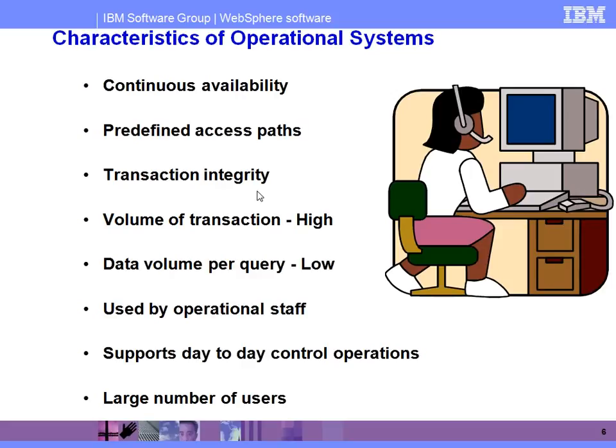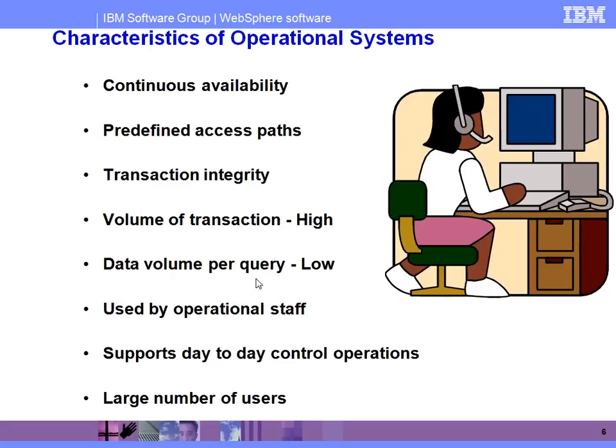Because of all these transactional data we receive when generating any report, the volume of transactions is very high. Volume of transactions means all the transactions that occur in the business are going to be very high, while the useful data in a report will be very less. That's what we call data volume per query will be low. In comparison with a data warehouse, operational system data is very, very less.